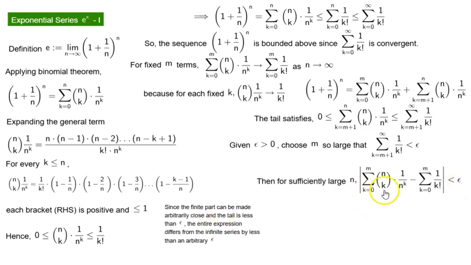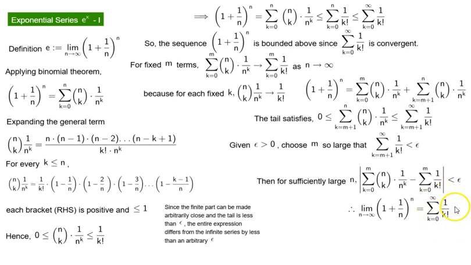Since the finite part can be made arbitrarily close and the tail is less than epsilon, the entire expression differs from the infinite series by less than an arbitrary epsilon. What does that mean? It means that the limit as n goes to infinity of (1 plus 1 by n) to the power of n is equal to the infinite series 1 by k factorial.